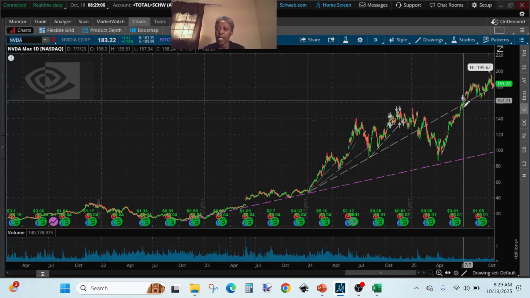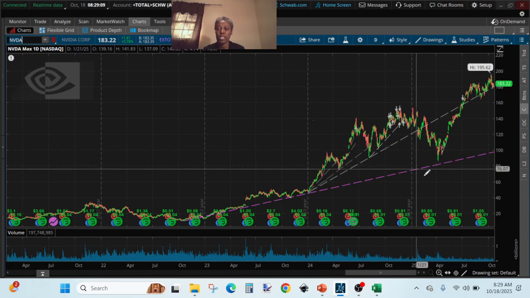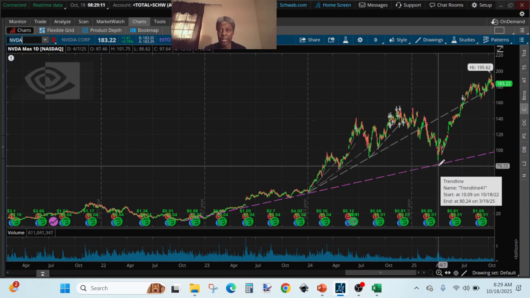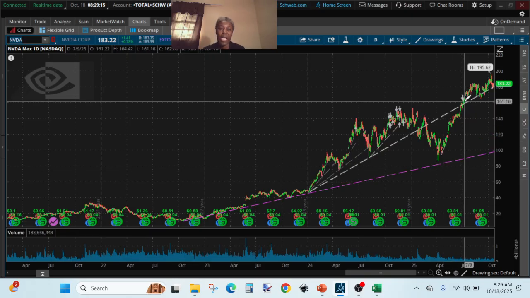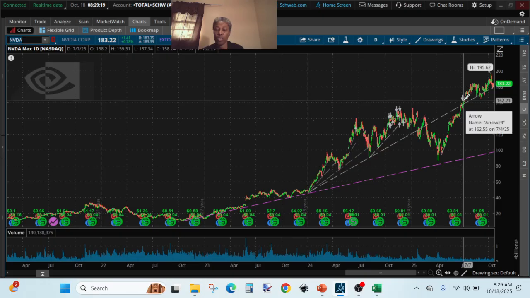But now that we determined the support lines and our entry points, we can talk about the exit point. So we got out of the trade a little bit after it reached a new high, and a new high is an exit point strategy for us.